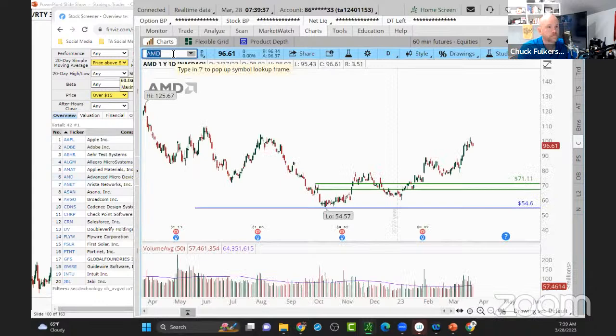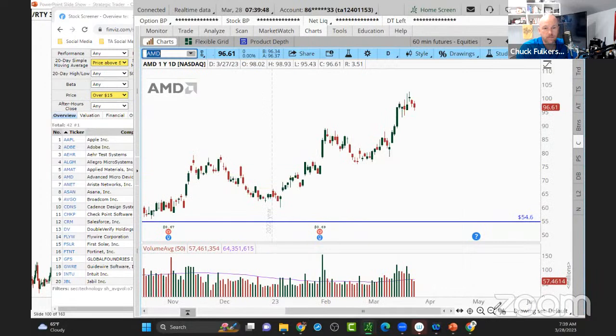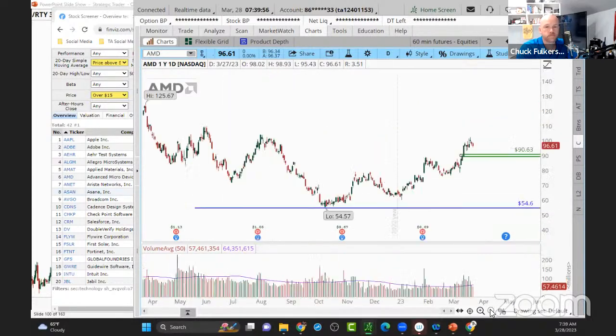AMD. Similar look on AMD, but I actually like the pullback trade better on AMD. A lot better to this area down here. A lot better.